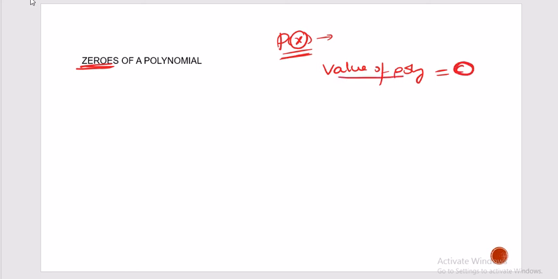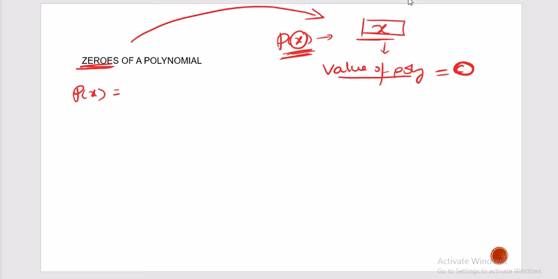If this value of the polynomial is equal to 0, then for which values of x the value of the polynomial is becoming 0, those values of x are called zeros of the polynomial. That means zeros of a polynomial are nothing but the values of x satisfying the polynomial to make it 0. Okay, you will understand this clearly by taking one example.